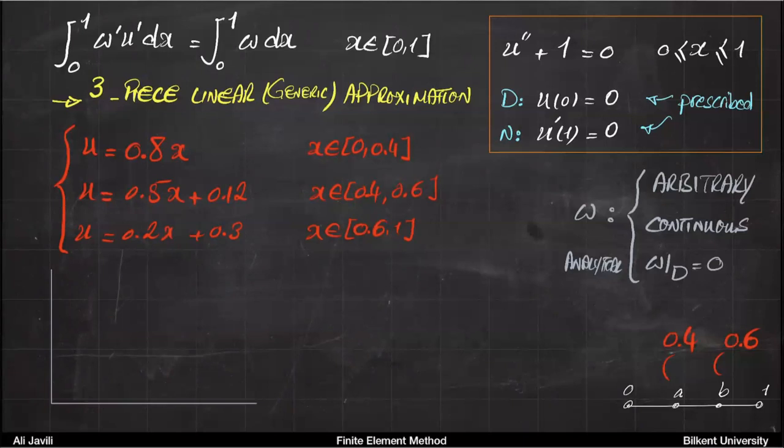The analytical solution is a quadratic solution again, as we discussed before. It looked like this. Okay, so that was kind of the analytical solution for this problem, I think.